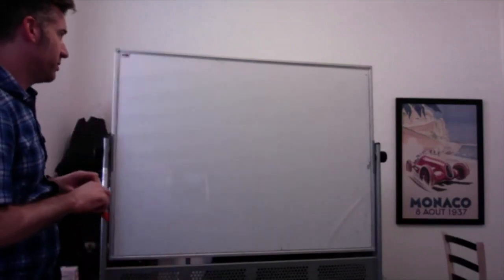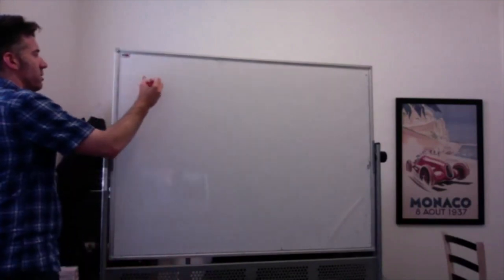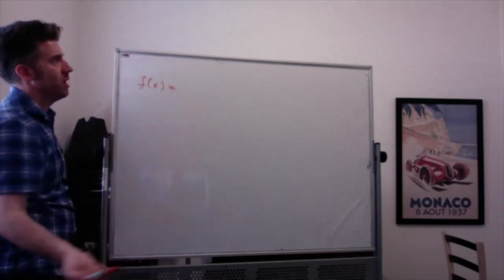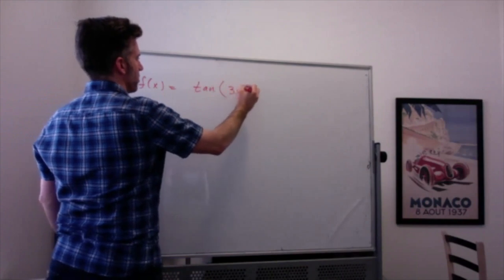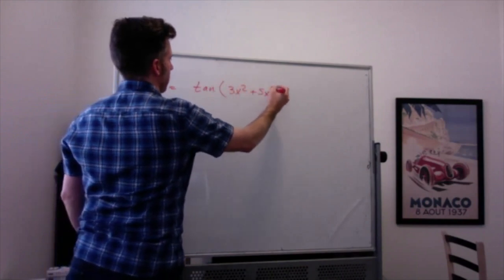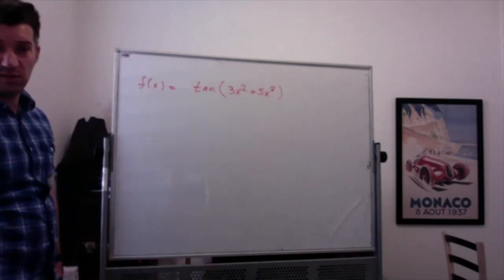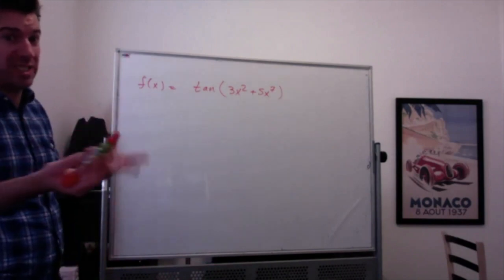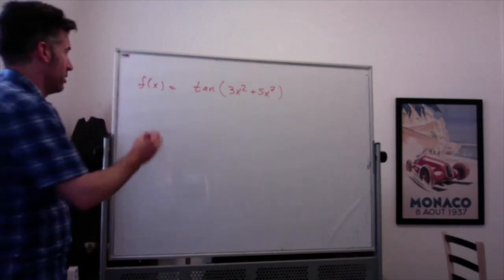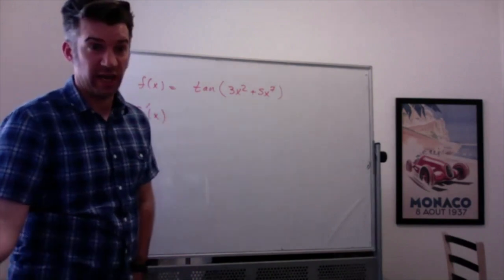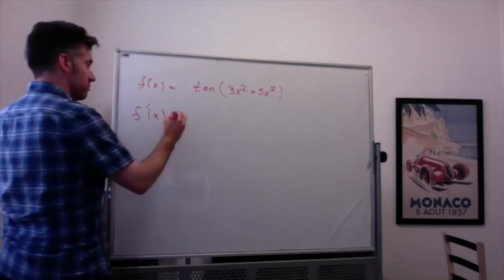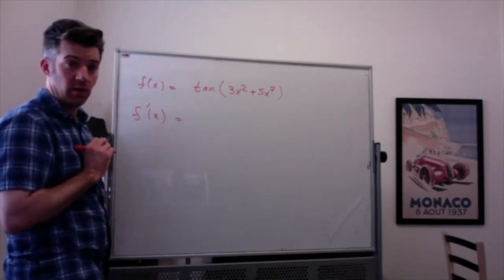So let's say we had something like f of x equal to tangent of 3x squared plus 5x to the 7th. I want to take the derivative of that. So my outer function is tangent of some stuff. What's the derivative of tangent of x? Secant squared of x.